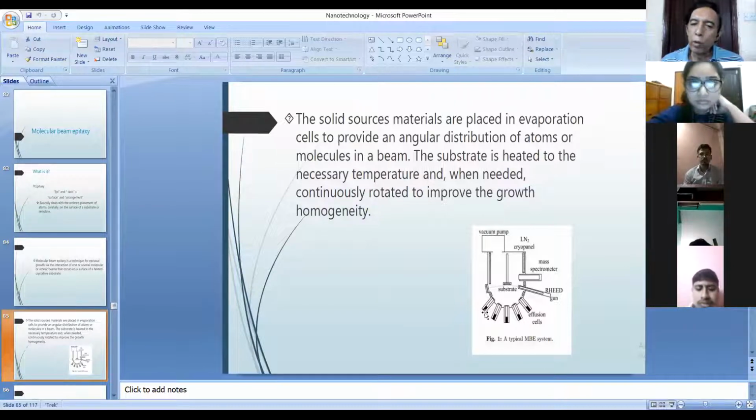So what do you do? You make a beam of gallium from this effusion cell. This type of cell is known as an effusion cell.